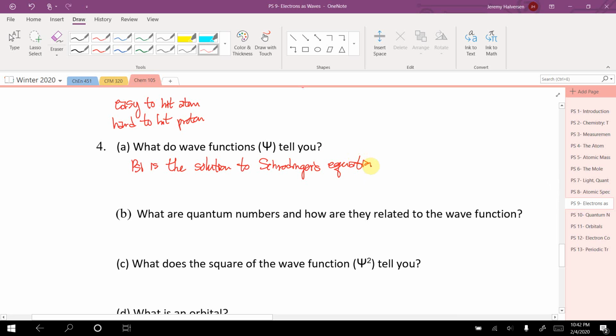That's an important thing to know. It's called the wave function. And it defines the allowed energies electrons can have.